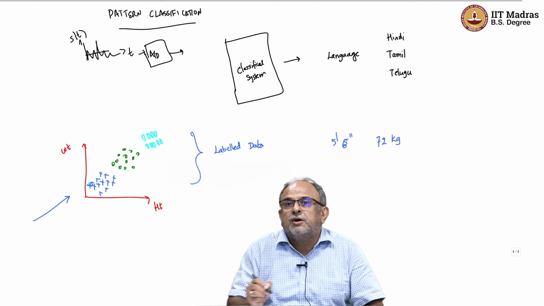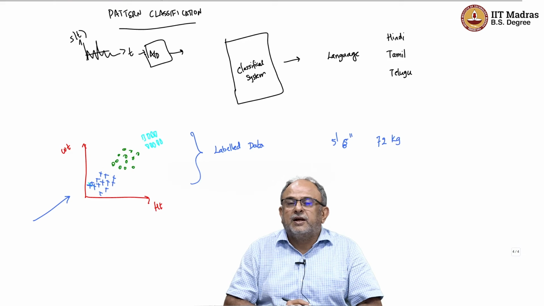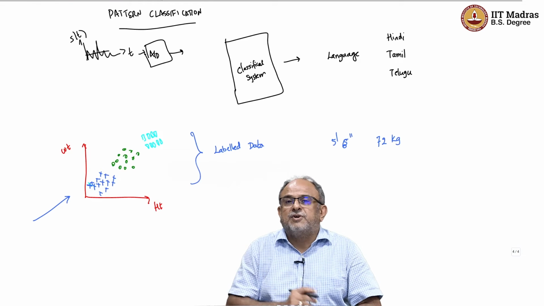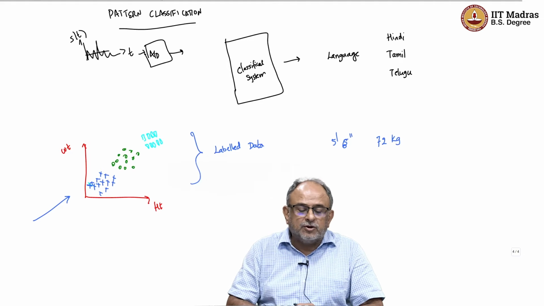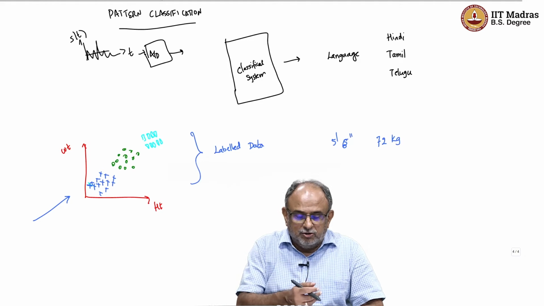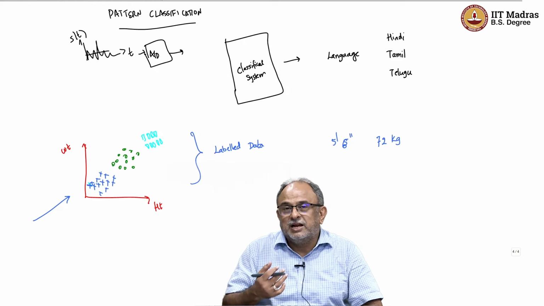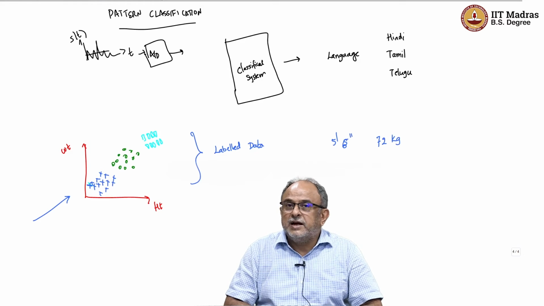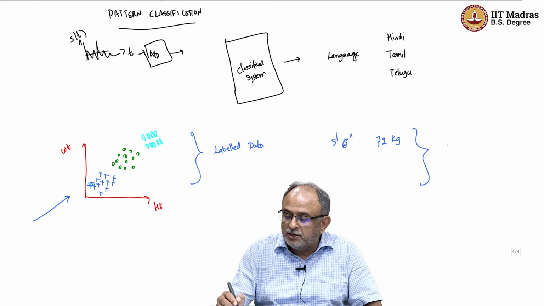I can't see the person, but I get the measurement 5 feet 6 inches and 72 kgs. Now based on these measurements, can I identify the person, or whether it's a man, woman or a child? So this is a pattern classification problem. That is essentially what we are trying to do.